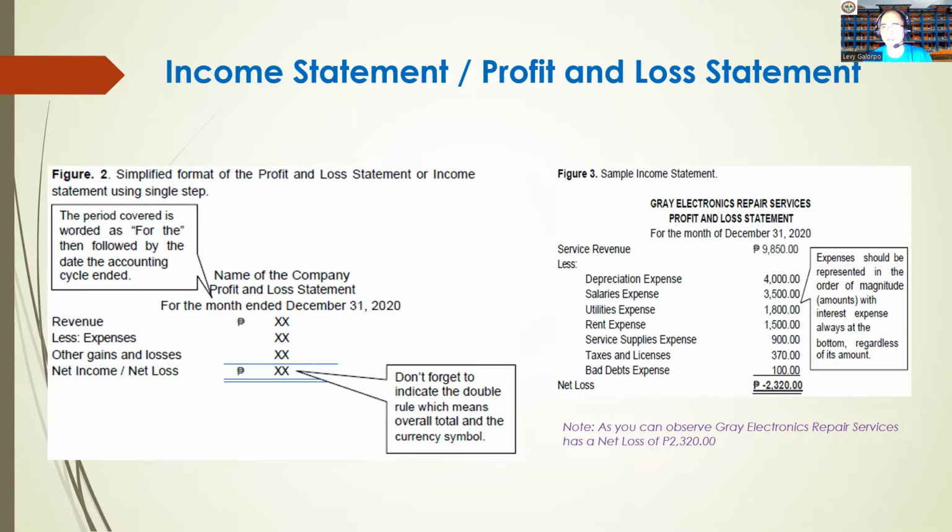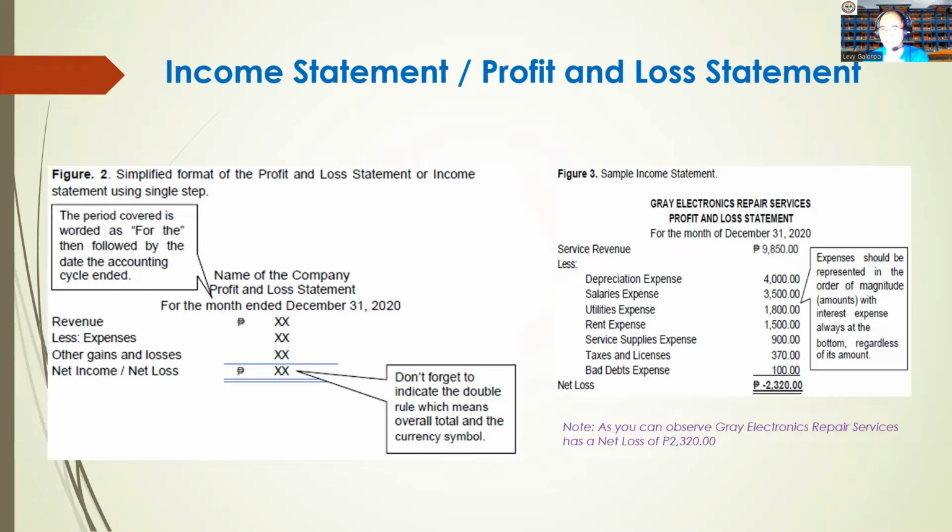Sa right side, ito na yung pinaka-example ng ating income statement base doon sa ating Gray Electronics Repair Services na ginagamit nating illustration ng mga nakaraang lessons natin. So, service revenue, 9,850. Tapos less yung expenses. So, kung marami expenses yan, iisa-isahin mo yan.